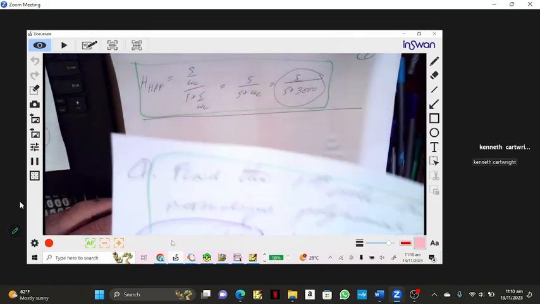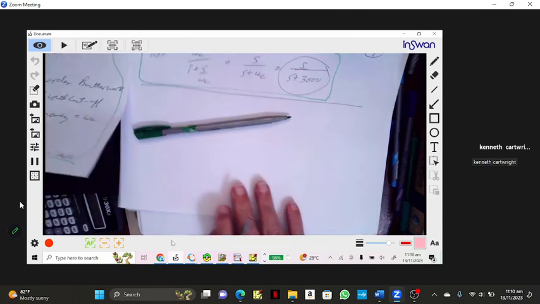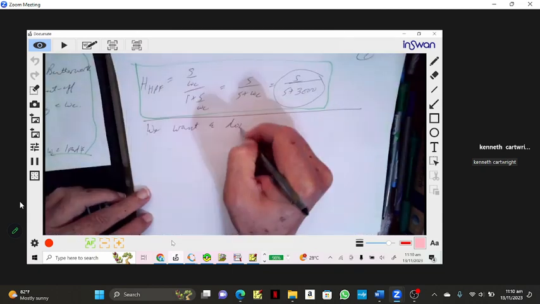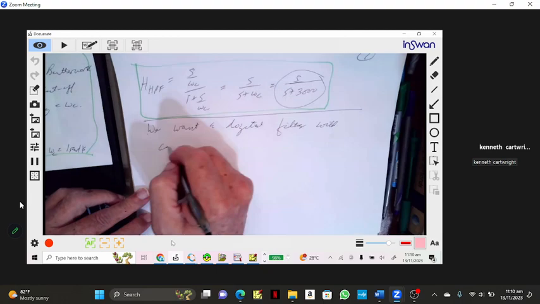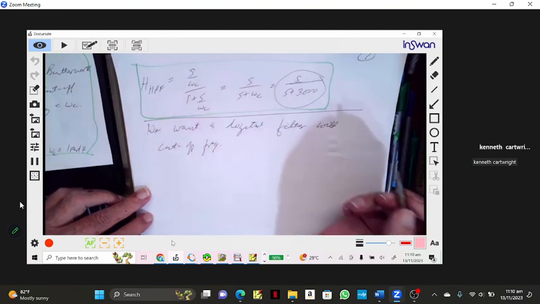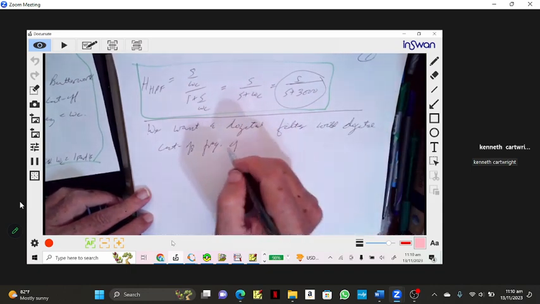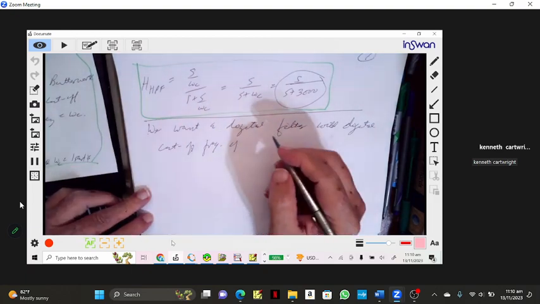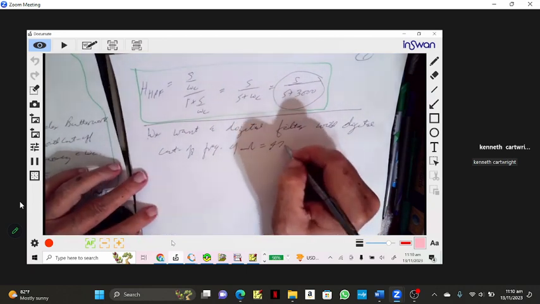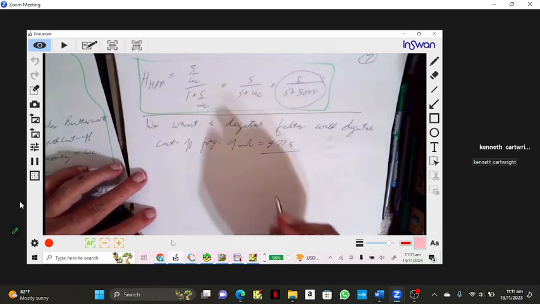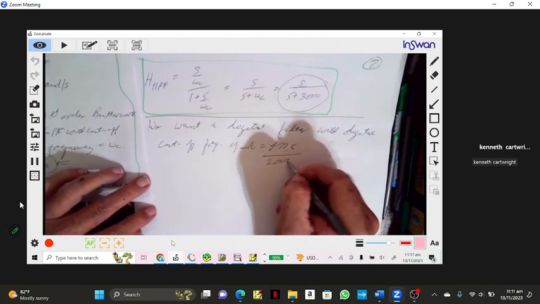So now let's go to our design. We want a digital filter with digital cutoff frequency omega equals what? 477.5 divided by the sampling frequency, 2,000, times 2 pi.